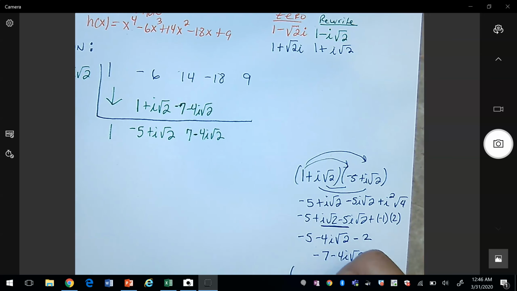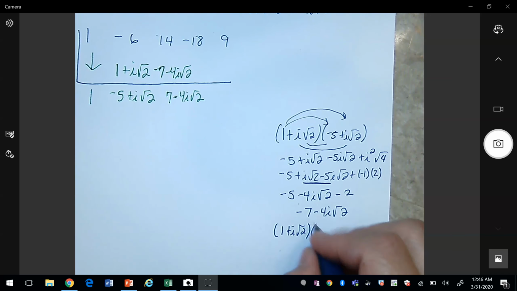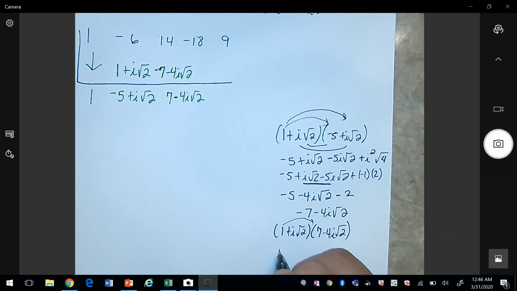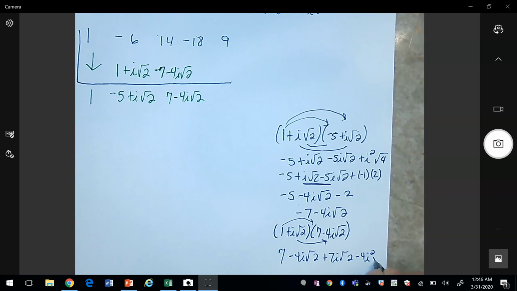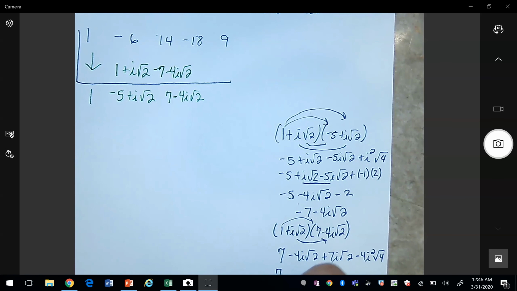And our next step is to multiply again. So 1 plus i square root of 2 times 7 minus 4i square root of 2. This would give me 7 minus 4i square root of 2 plus 7i square root of 2 minus 4i squared times square root of 4. Simplify. i squared is negative 1 times a negative 4 would be a positive 4, and the square root of 4 is 2, so we get 8.